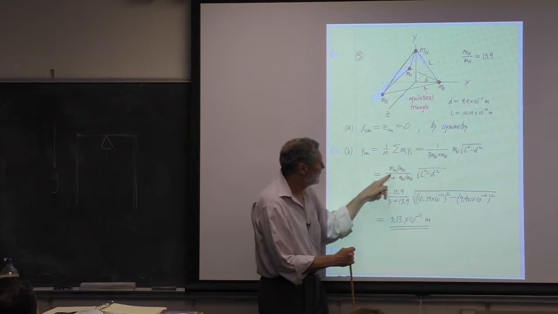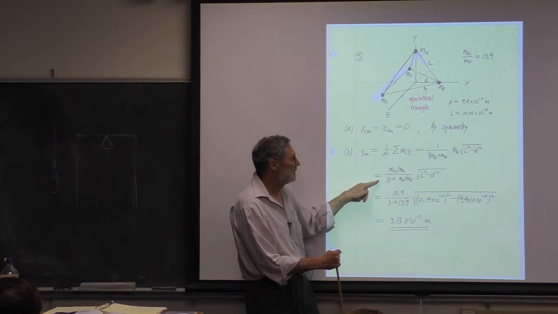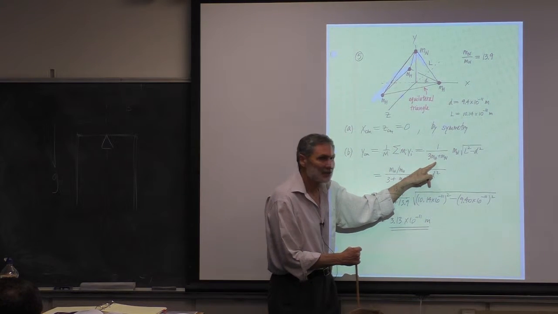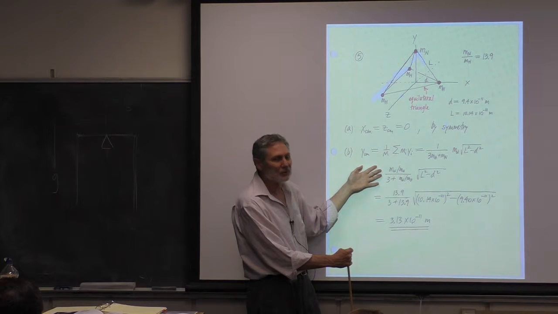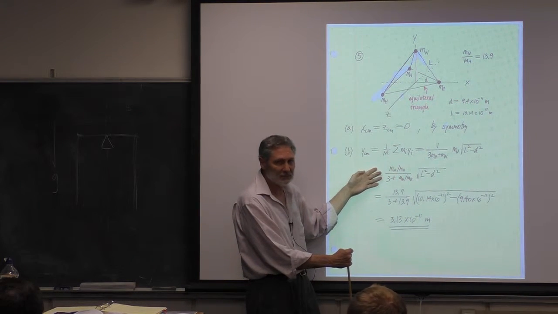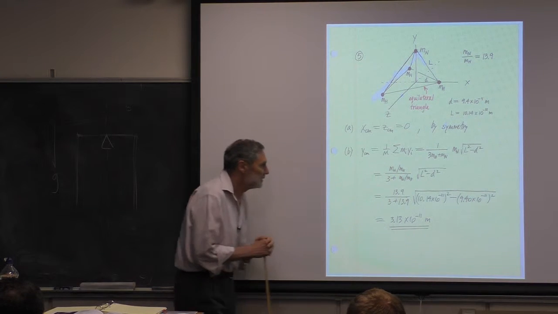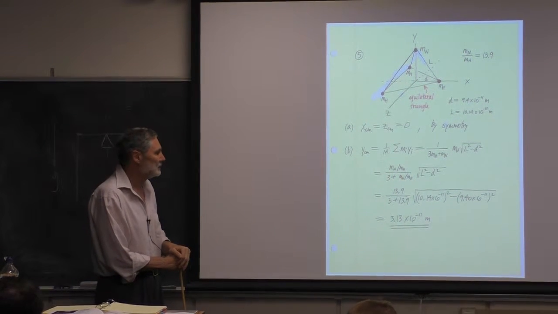So in the numerator, I'm going to get this. And what do I get in the denominator? When I divide this by the mass of the hydrogen atom, this goes and I get, the answer only depends upon the ratio, as we've physically suspected, right? So now it's just plugging in things, and you get a number.